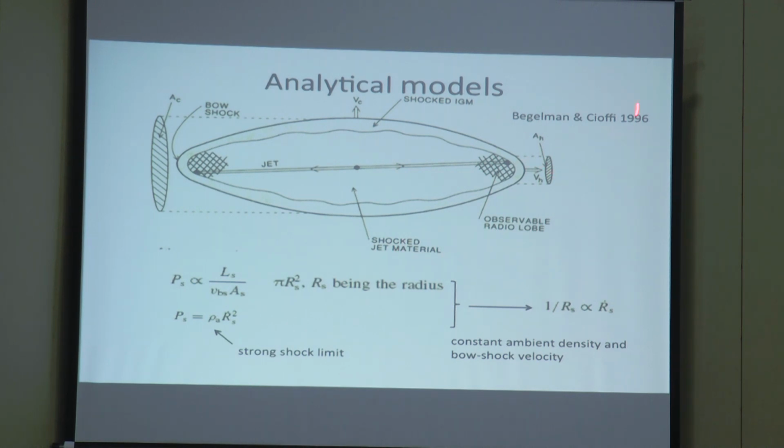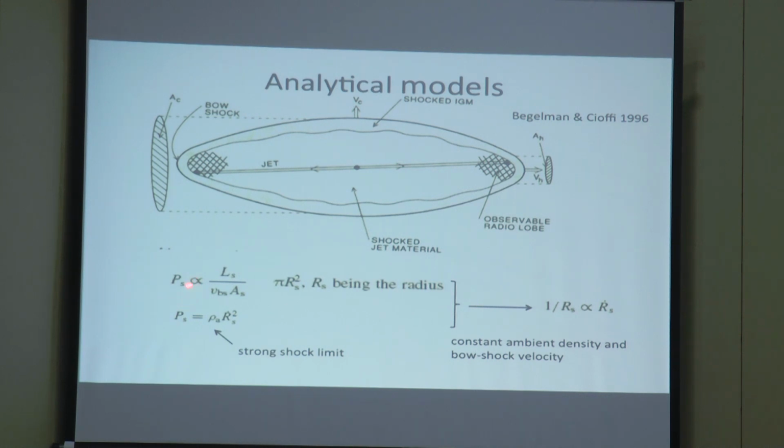Again, we have a diagram here from Begelman and Cioffi, 96. You can make an order of magnitude estimate, or well, follow the trends of the evolution of the whole region, using approximations and power laws for the main parameters.